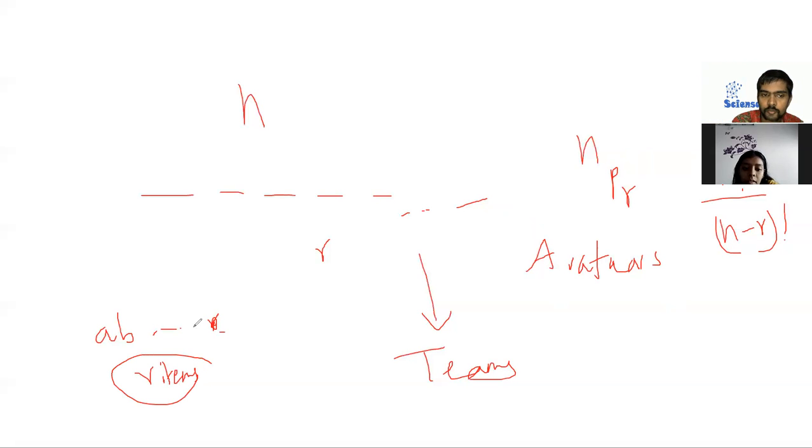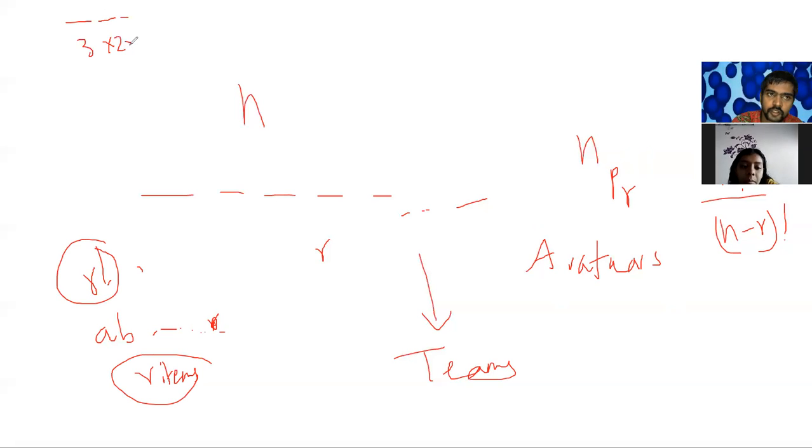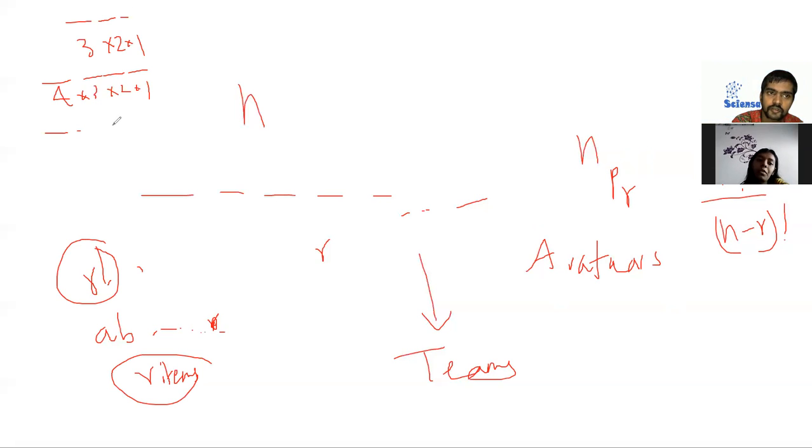Each team gets counted in how many different ways if there are R people in a team? R factorial. If there are 3 people, 3 into 2 into 1, 3 factorial. If there are 4 people, 4 into 3 into 2 into 1. If there are 5 people, 5 into 4 into 3 into 2 into 1.